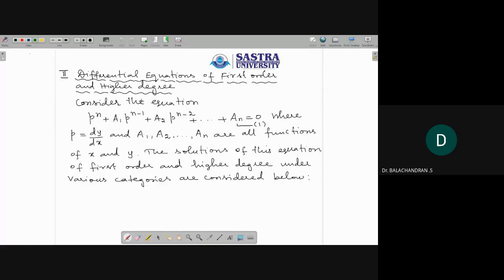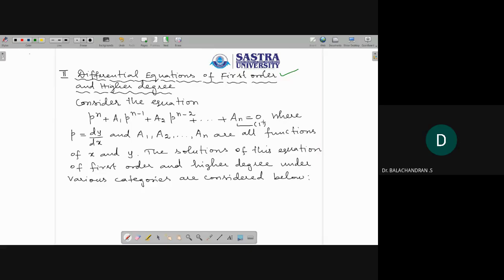Differential equations of first order and higher degree. Consider the equation p power n plus a1 into p power n minus 1 plus a2 into p power n minus 2 plus dot dot dot plus an equal to 0.